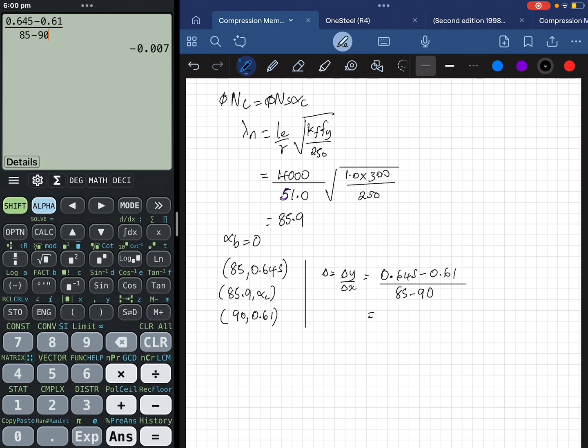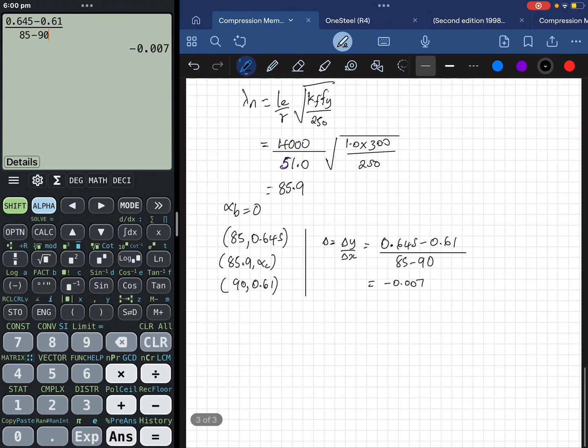That gives you minus 0.007. Then minus 0.007 equals alpha c minus 0.61 divided by 85.9 minus 90. Then you rearrange and solve for alpha c.